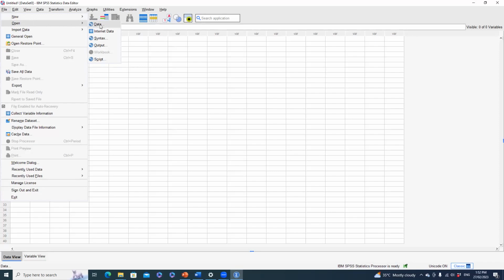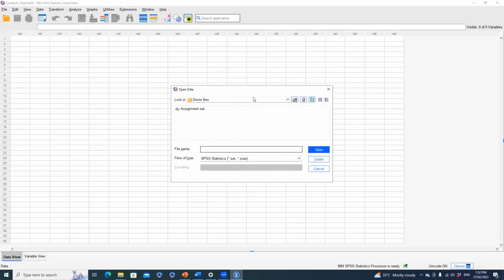All right, so if we go from Open to Data, and whoops, it's opening something in my Dropbox, so I'm going to go to my desktop instead. We can see that it allows us to see what's on our desktop. Basically, there'll be nothing showing initially because it's looking for SPSS statistics files, that's star.sav files or star.zsav files.